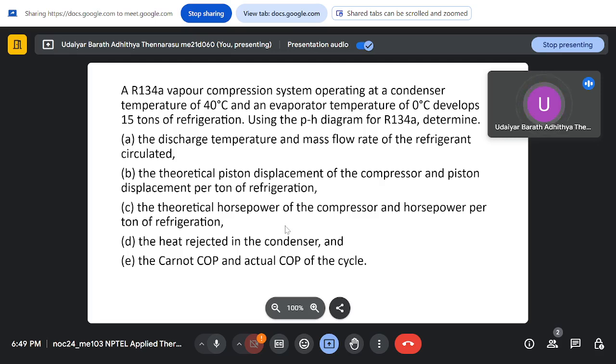and using the pH chart. So we will be using the pH chart for R134A. We need to find out the discharge temperature and mass flow rate of the refrigerant circulated, the theoretical piston displacement of the compressor.